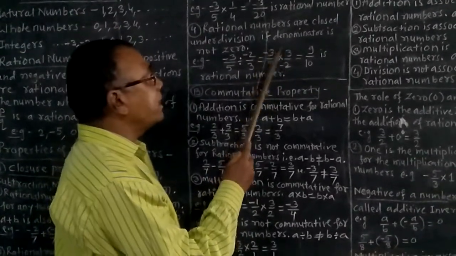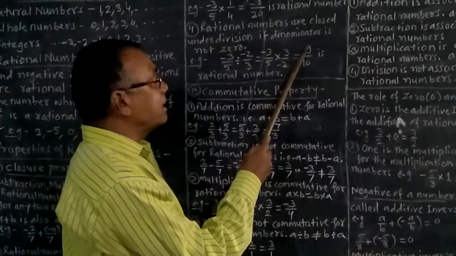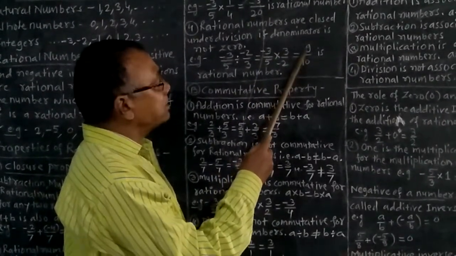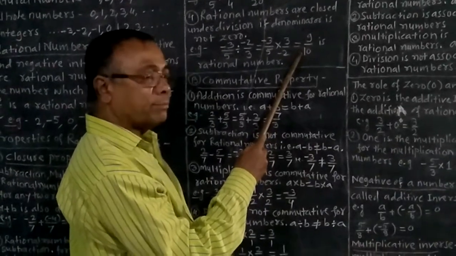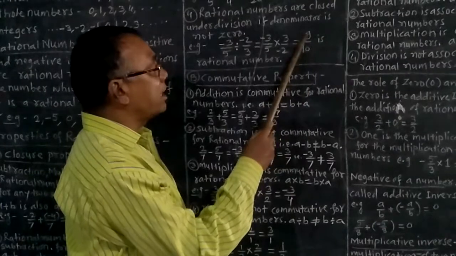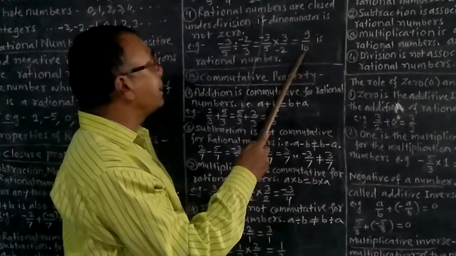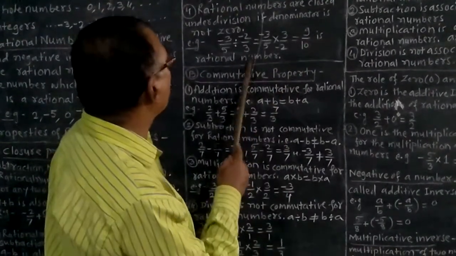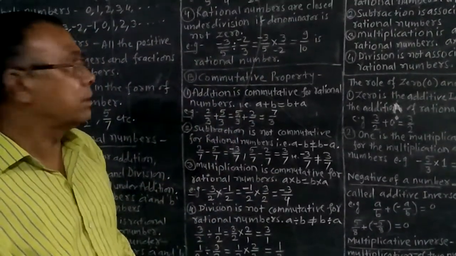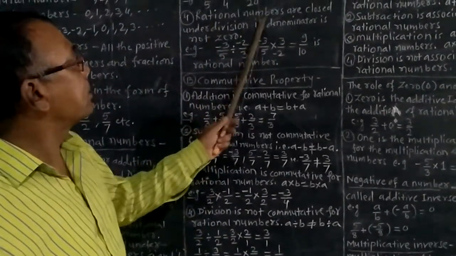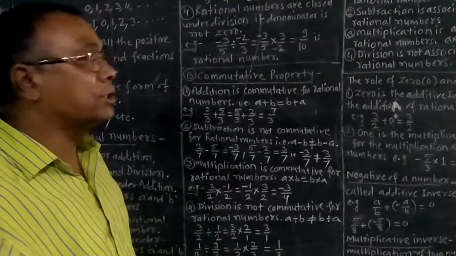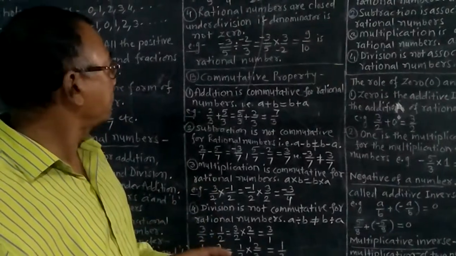Since minus 3 into 3 is minus 9 and 5 into minus 2 is minus 10, but since numerator and denominator have the same sign, the whole rational number is positive, that is 9 upon 10, and 9 upon 10 is a rational number. Therefore the division of the two rational numbers is also a rational number. In this way, rational numbers are closed under division if the denominator is not 0.